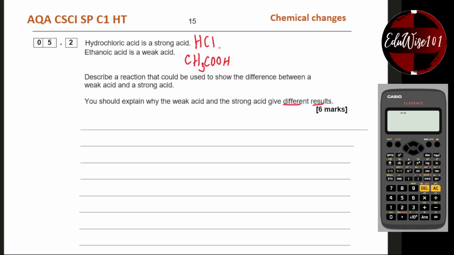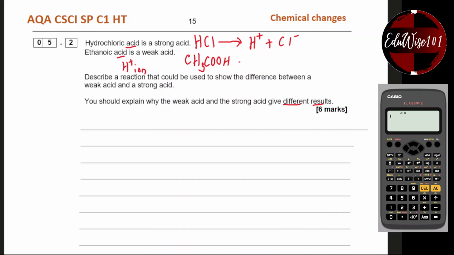Now, being acids, both of them should have H plus ions. Now, the concentration of H plus ions, or the number of H plus ions produced, determines if it's a strong acid or a weak acid. HCl, when in solution, dissociates or breaks up into H plus and Cl minus ions completely.